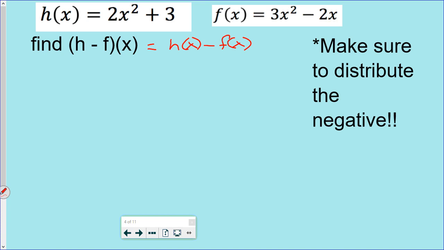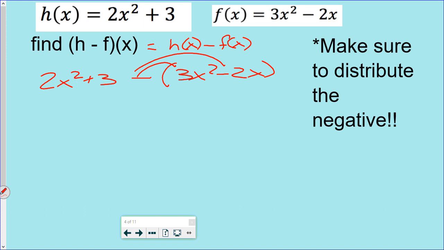All right. So we take h of x, 2x squared plus 3. This is the only one where you have to be careful, because we are subtracting the whole function. So when I subtract the whole second function, I need to make sure to distribute that negative. So 2x squared minus 3x squared is a negative x squared.